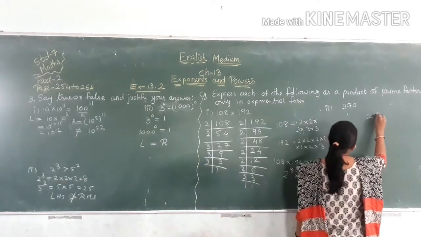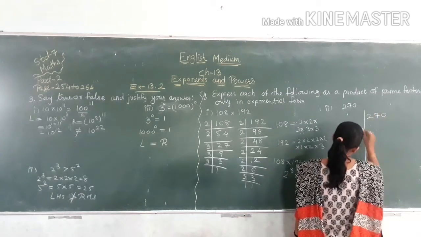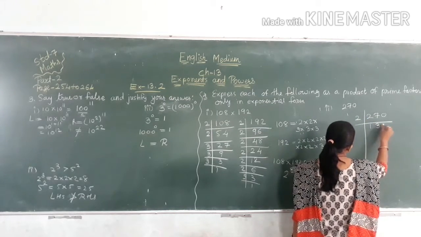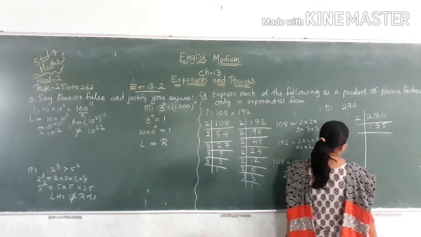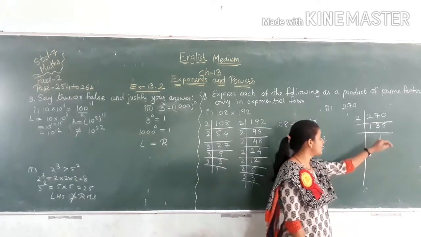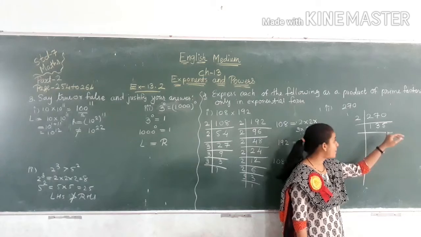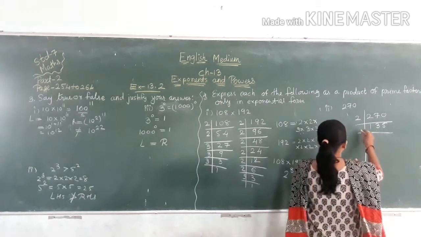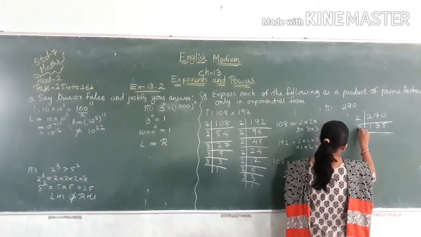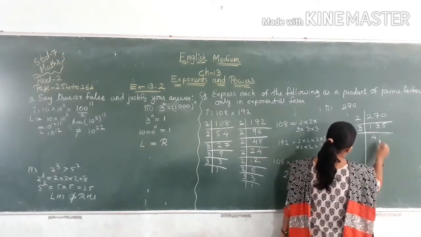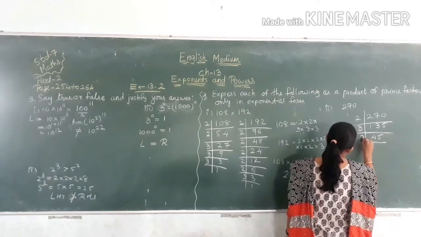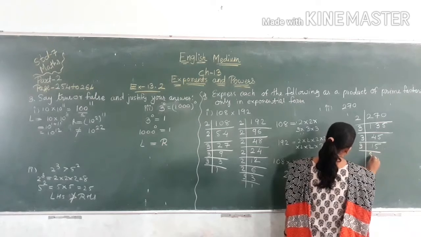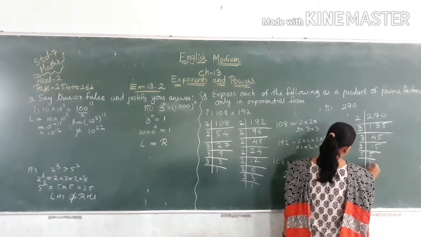Now 270: first we divide with 2. 2 1s are 2, 2 3s are 6 and 2 5s are 10. Now this number is divisible by 3: 5 plus 3 is 8, 8 plus 1 is 9, so 3 is possible. 3 4s are 12, 3 5s are 15, 3 15s are 45, 3 5s are 15 and 5 1s are 5.